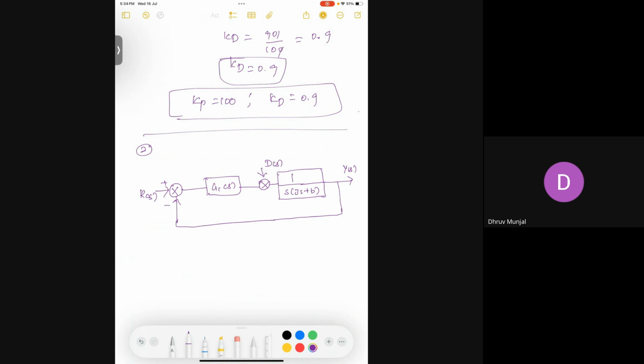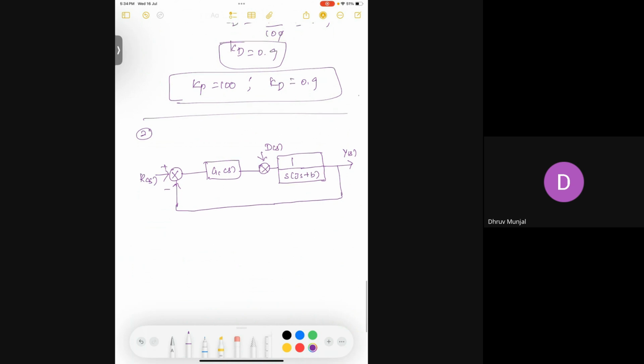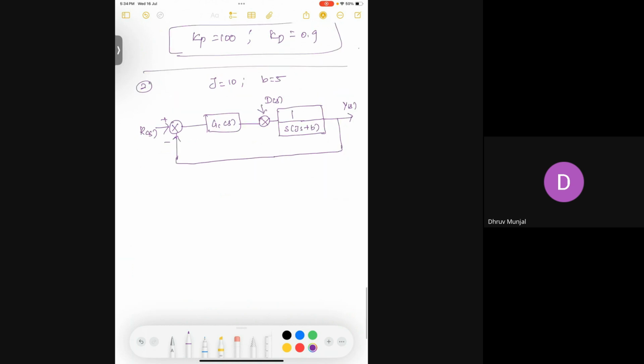Right? So the first question had information: J is equal to 10 and B equal to 5. This is the information they have given. So can we rewrite it simply using this information so that it will be easy for us to solve?